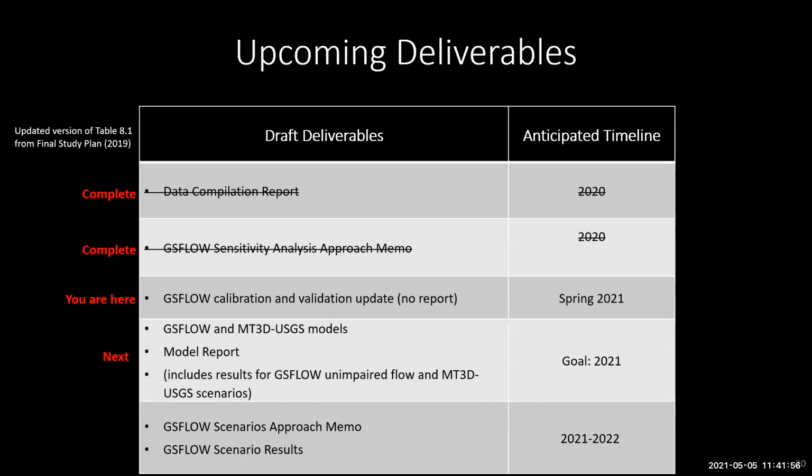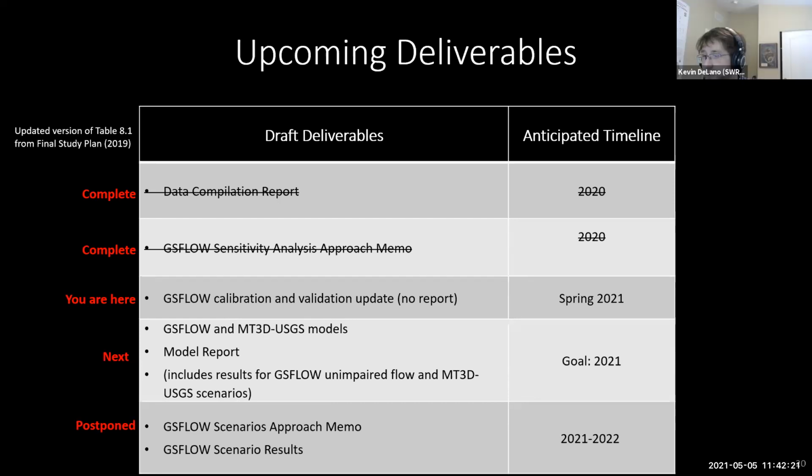So while there's a technical comment period now, we will have another comment period, and at that point you'll have access to the documentation and the model, and have the opportunity to provide additional comments on this project. So this comment period is not the last chance to comment on this project.